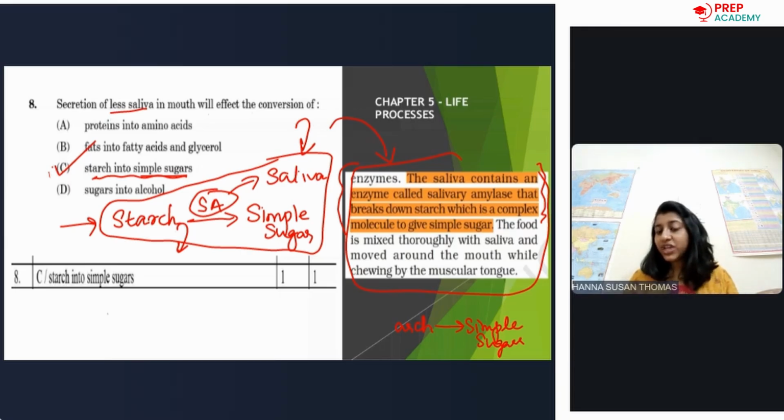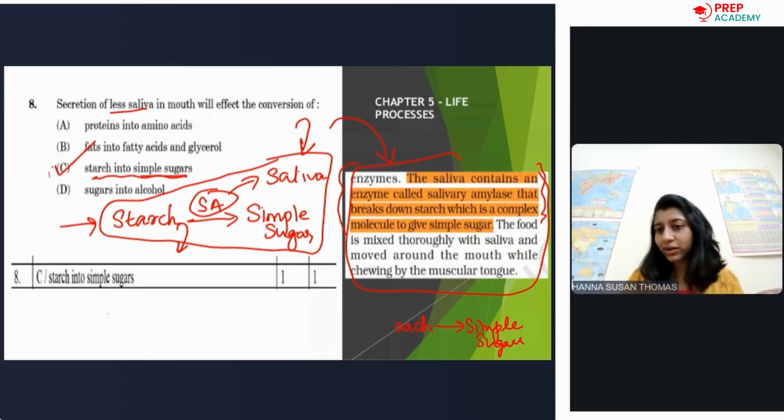Under this chapter name, you will see a screenshot having some highlighted statements. This screenshot is from your textbook. I have taken screenshots from the 10th science textbook, from where all these questions have been directly or indirectly asked. So reading and revising all these things from your textbook is important.